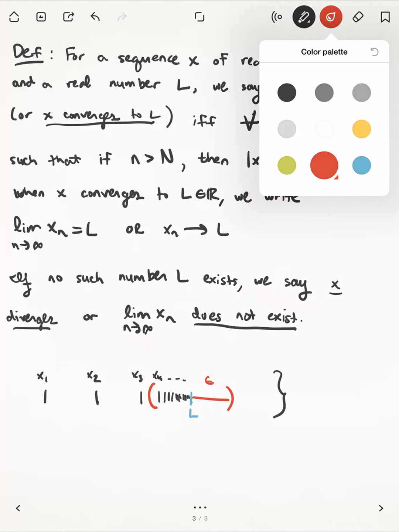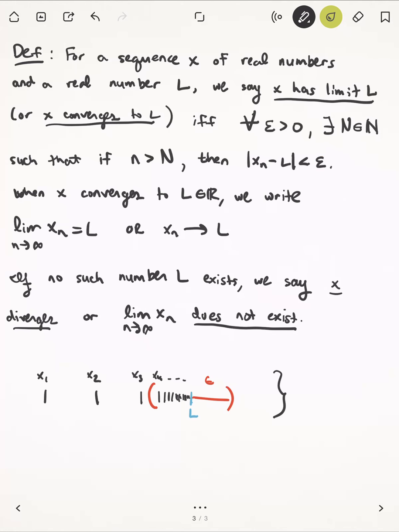And then you come to me and you say, okay, wise guy, what if I give you an epsilon that's this far away from L? And then say, I want all the terms of the sequence that are less than a distance of epsilon 1 from the limit. And then I look at my sequence and I say, yeah, I can give you some terms. I just have to take n to be sufficiently large. So now 4 doesn't do it.